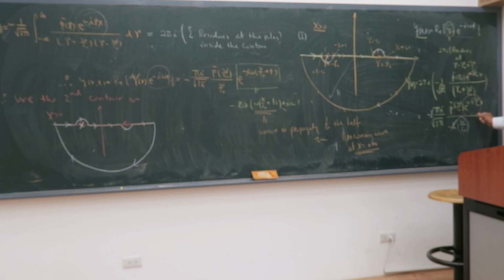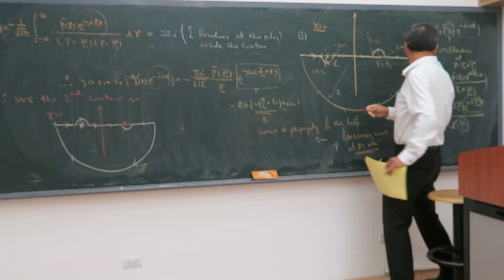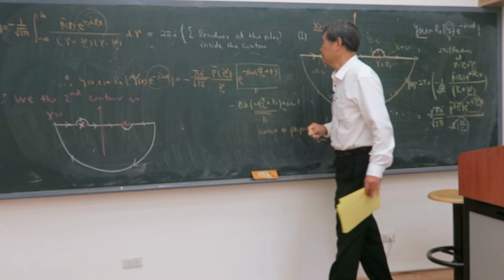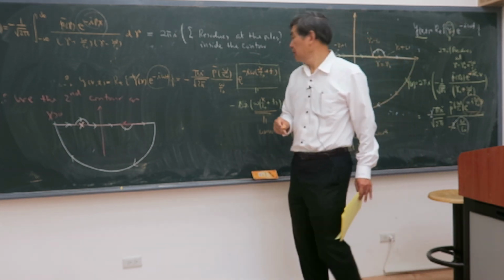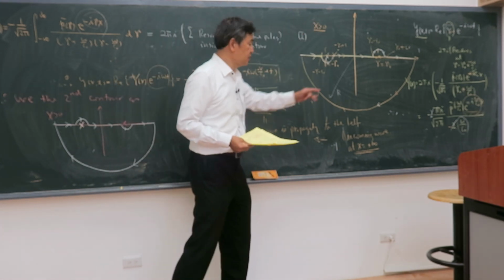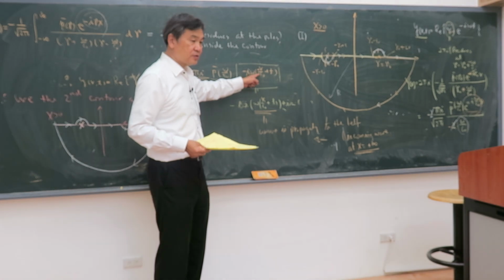And for x smaller than 0, so we leave here. You combine this with a minus, you will get minus x with t. Then for x smaller than 0, you will have a form like this.